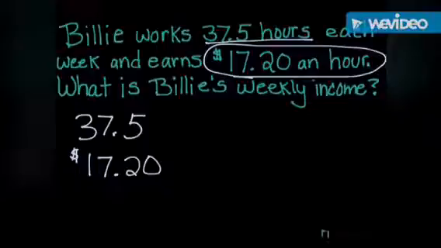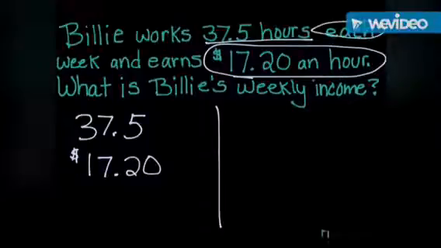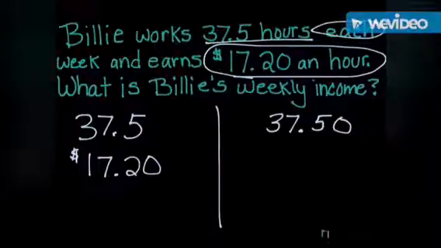So in a week, I would expect to multiply because I see the keyword each, which means multiply. So I'm going to take 37.5 hours. I'm going to add this 0 for a placeholder, though, okay? Times $17.20.